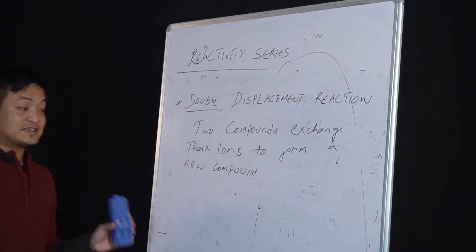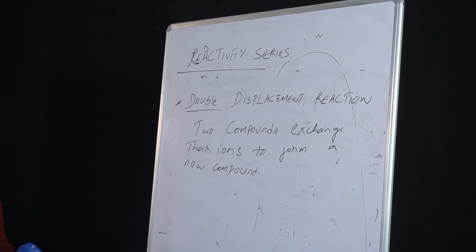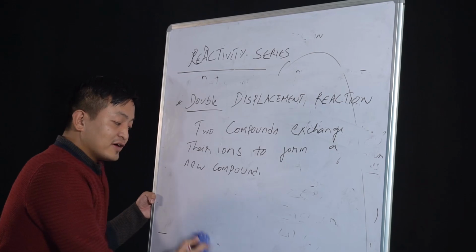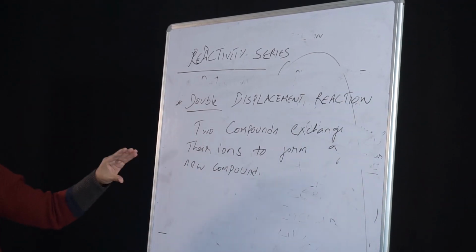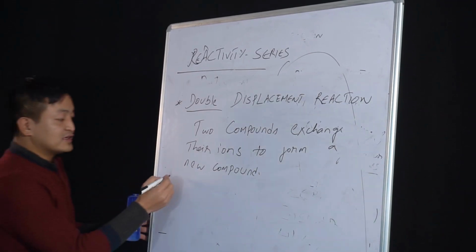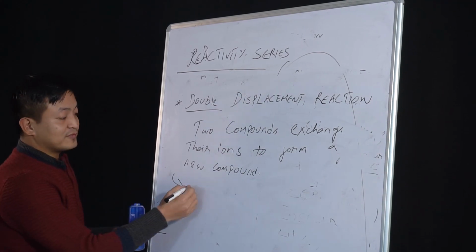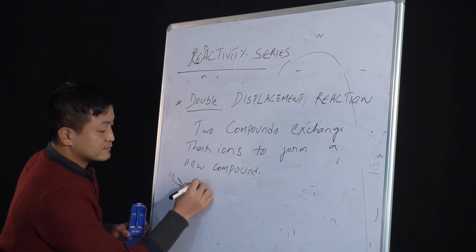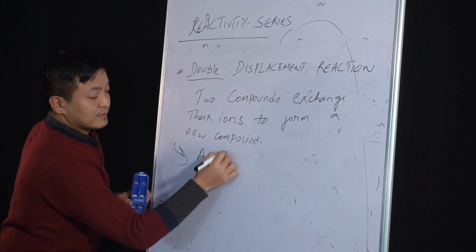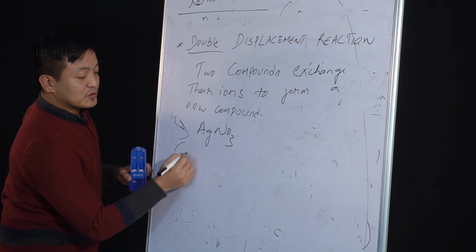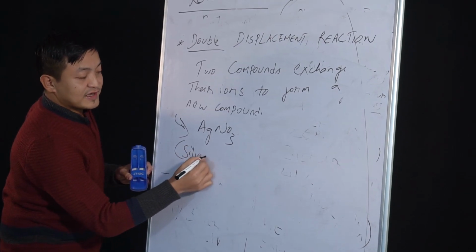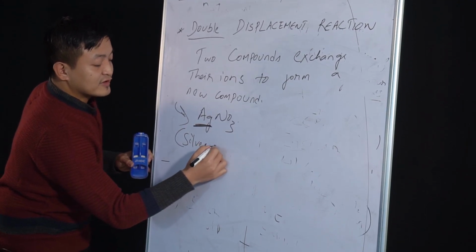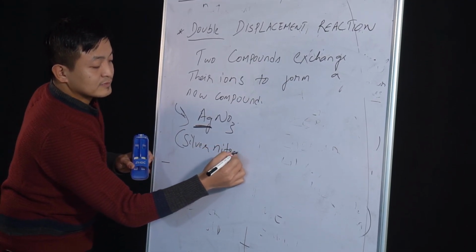So in simple terms, two exchanges will be taking place. I'll write a chemical reaction for this and I'll explain as well. The chemical reaction for this would be, so this will be silver nitrate, students, AgNO3. Ag is the chemical symbol for silver, silver nitrate.